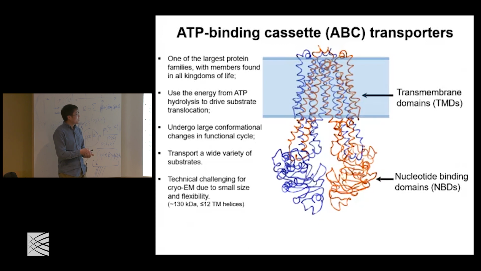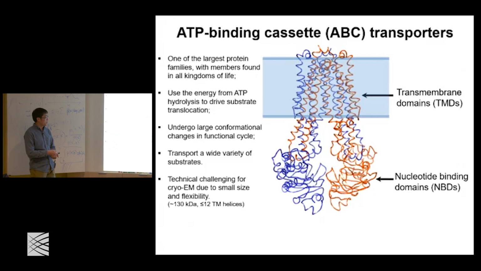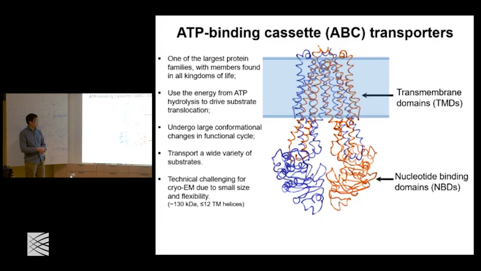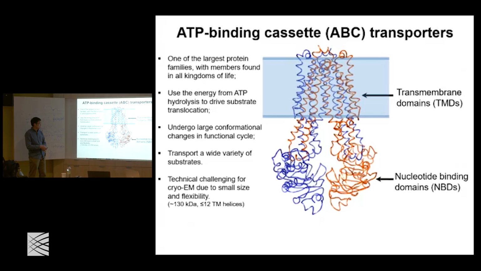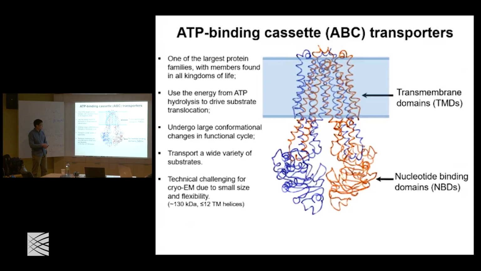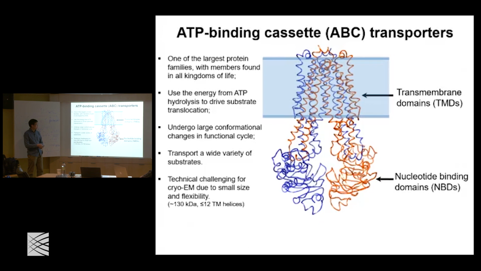This protein always contains two parts. One is the transmembrane domain, and one is the nucleotide binding domain. The nucleotide binding domain will sandwich two ATP molecules at the interface, and then induce tight dimerization of the NBD, and then change the conformation of the transmembrane domain.